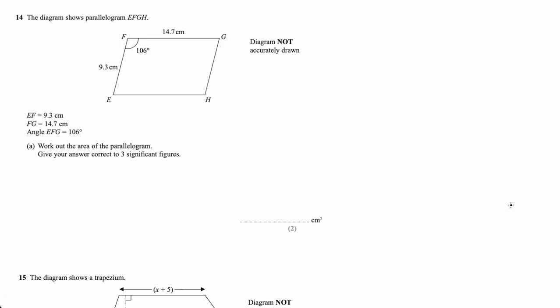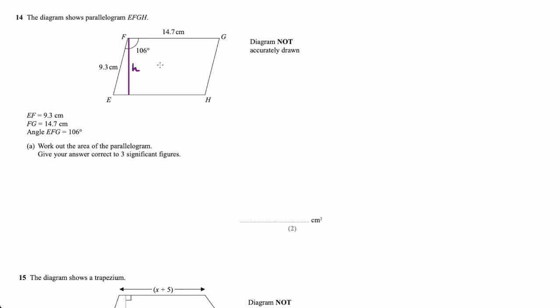Now, if you haven't done trigonometry yet, guys, you are not going to be able to do this question, so apologies for it, but I wanted you to see a question where they mix the 2. Okay, so as we said, guys, this is a parallelogram. It says it in the question, and it says work out the area of the parallelogram. Now we have this side here and we have this side here, but I don't have the height.